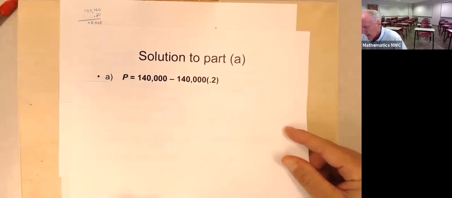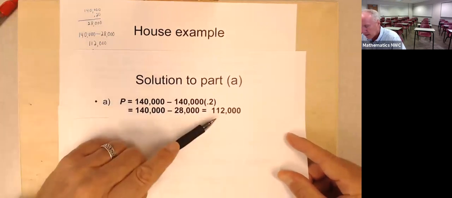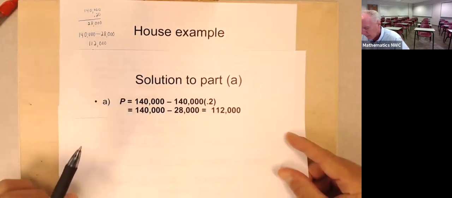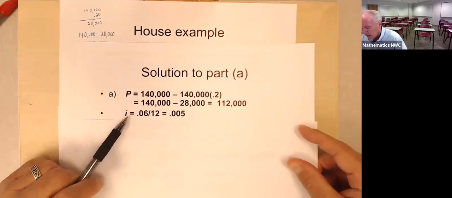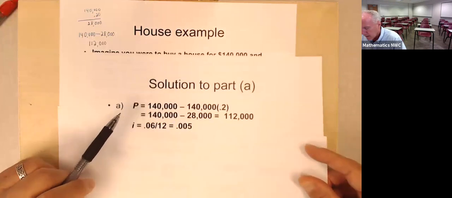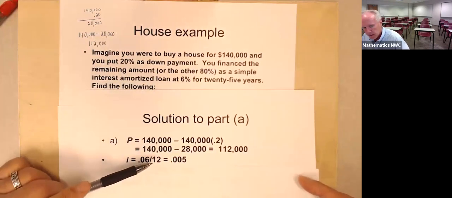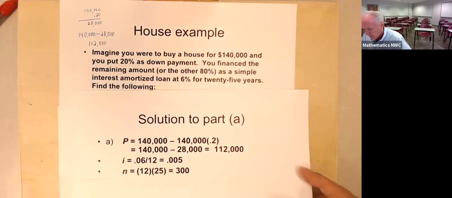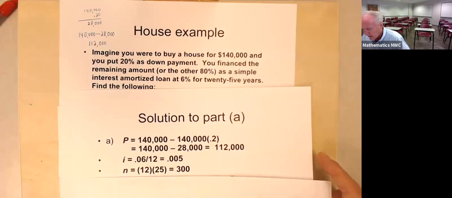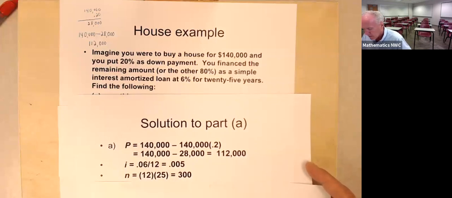And I subtract that answer to get 112,000 that I need to borrow. My I, I've just calculated this separately. 6% interest, compounded monthly, so it's 6% divided by 12. That I is 0.005. The N, I've just compounded it 12 times a year for 25 years is 300 monthly payments.